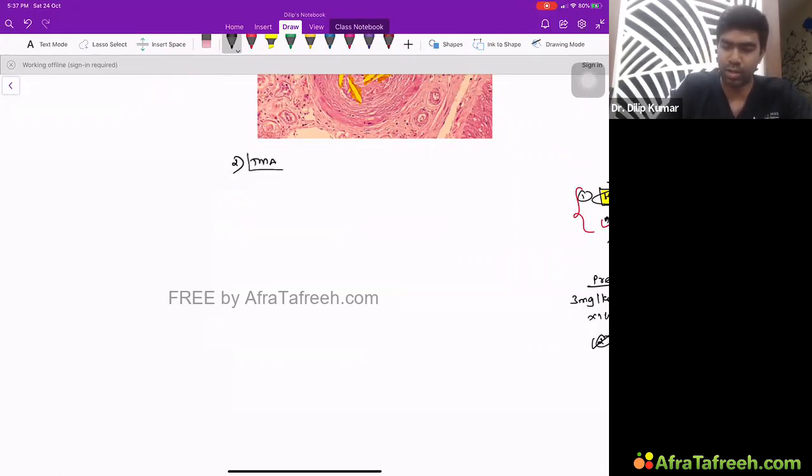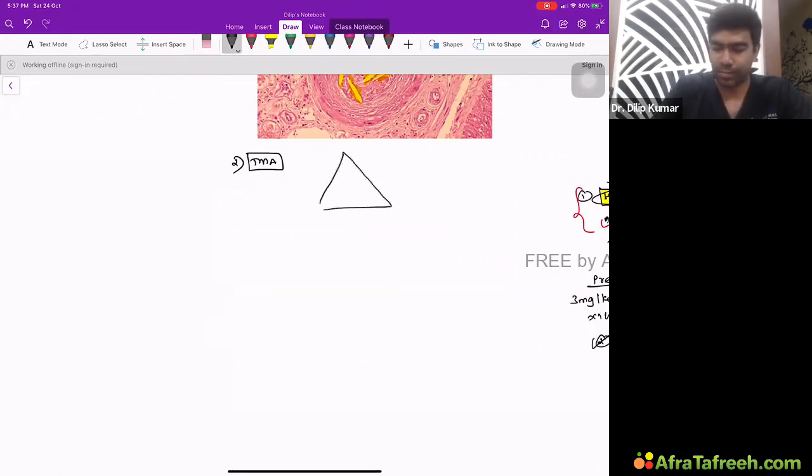That's thrombotic microangiopathies. As far as TMAs are concerned, we have many different types of thrombotic microangiopathies. But there is a characteristic TMA triad, where you're going to have a microangiopathic hemolytic anemia. So what do you mean by a MAHA? In microangiopathic hemolytic anemia, there will be shearing of the RBCs, which means it's typically an intravascular hemolysis.